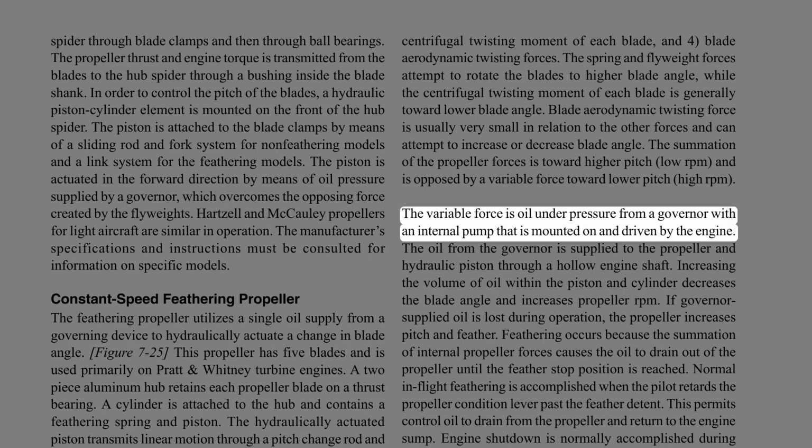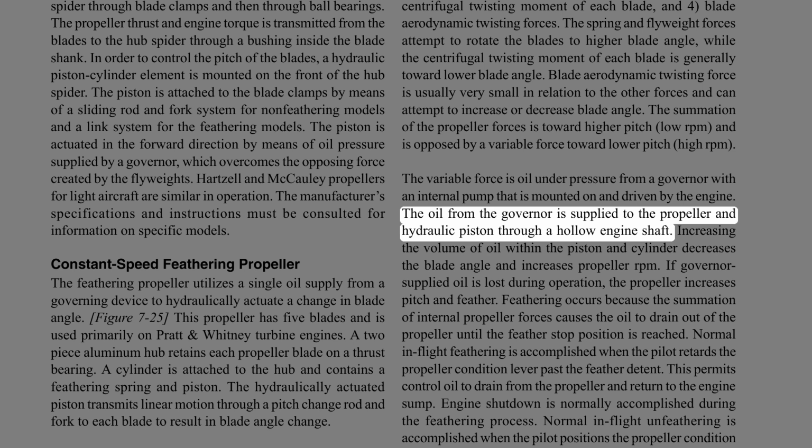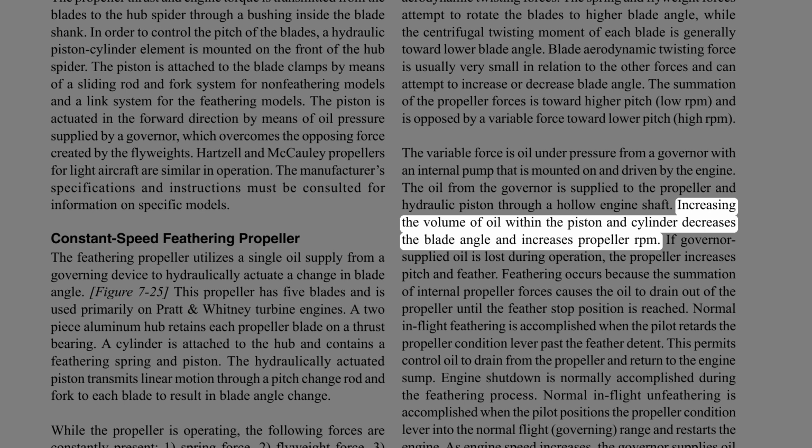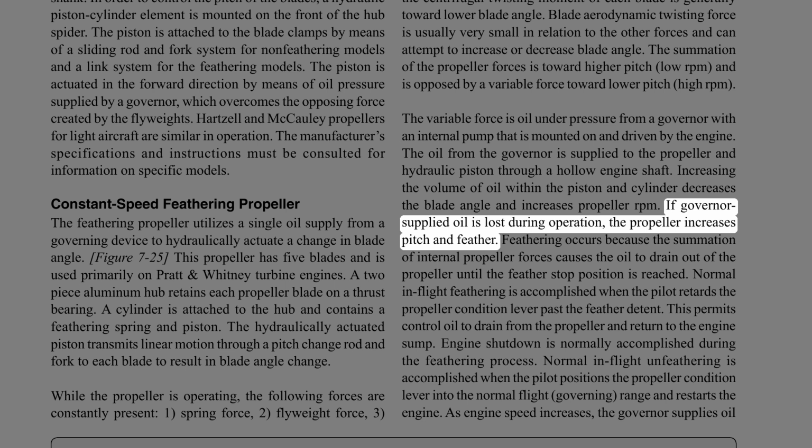The variable force is oil under pressure from a governor with an internal pump that is mounted on and driven by the engine. The oil from the governor is supplied to the propeller and hydraulic piston through a hollow engine shaft. Increasing the volume of oil within the piston and cylinder decreases the blade angle and increases propeller RPM. If governor-supplied oil is lost during operation, the propeller increases pitch and feathers.